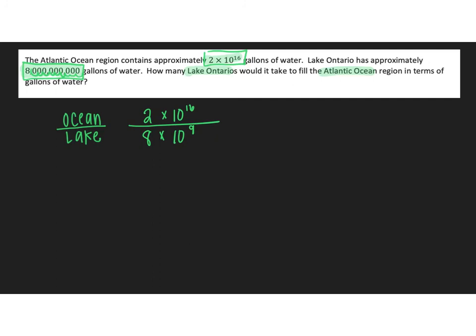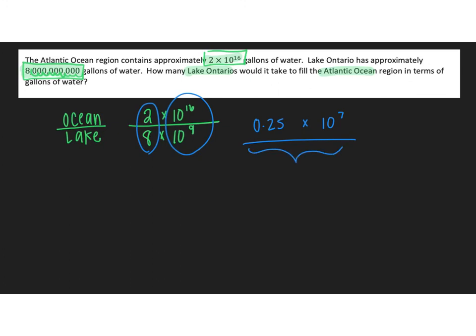All right, let's check this. The first thing you should have done is divided 2 and 8. 2 divided by 8 is the same as 1/4, or 0.25 as a decimal. And then you should have divided these numbers. 16 take away 9 is 7. And then from there, we want to actually write this out as a number.